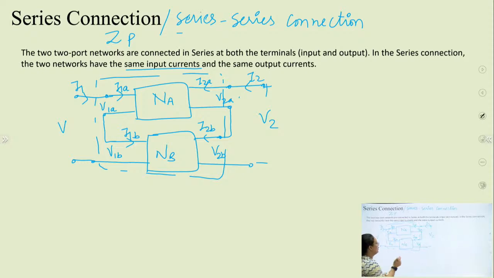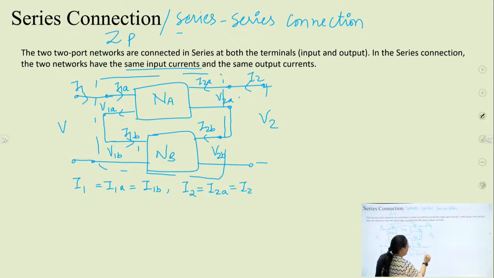So I can write the relation: I1A will be equal to I1B, which will be equal to the overall current of the network, I1. You can see here I1 equals I1A, and I1A equals I1B. Similarly, for the output current, I2 will be equal to I2A, which is equal to I2B.